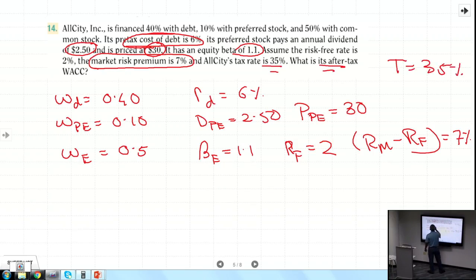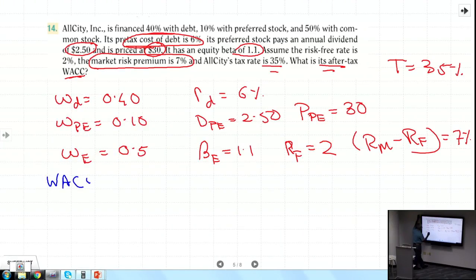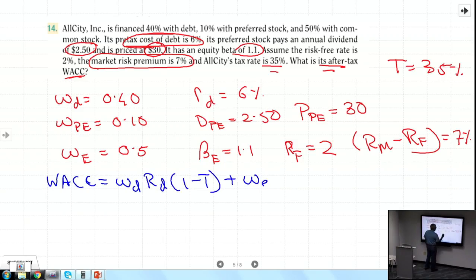What is the after-tax WACC? So, weight of debt, cost of debt times 1 minus t. Weight of equity, cost of equity. Weight of preferred equity, cost of preferred equity. So some of the information is given to us, and some of them we have to calculate.